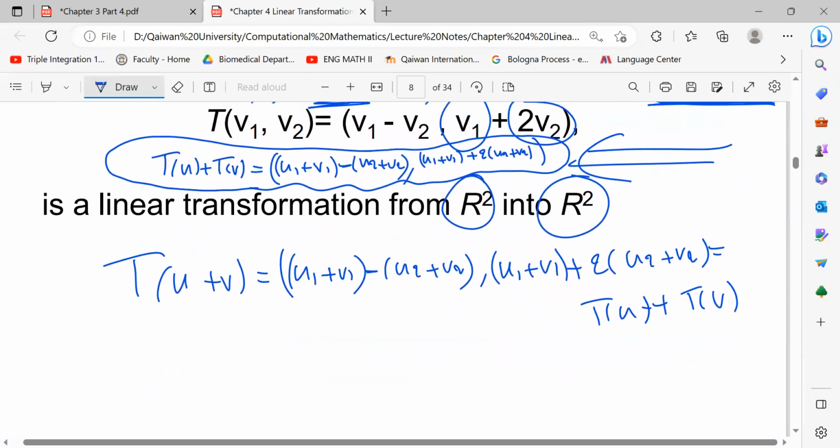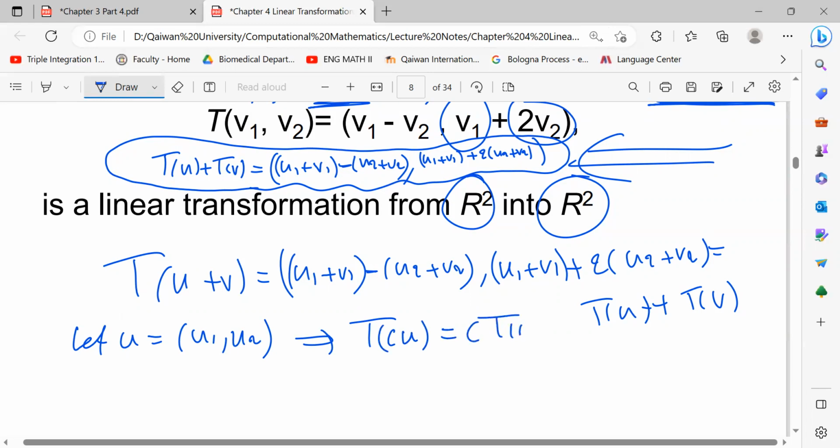If we take a vector, let u be u1, u2, then we need to show that T of c times u must equal c times T of u. It's easy to show this. We just apply the definition in both. We get the same.